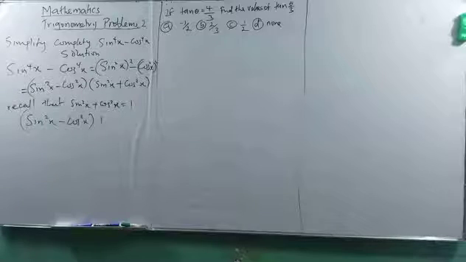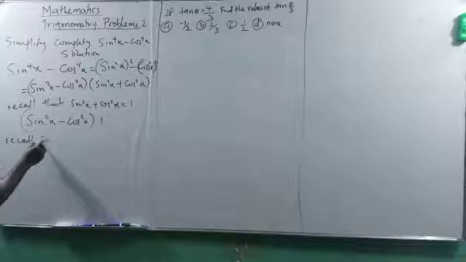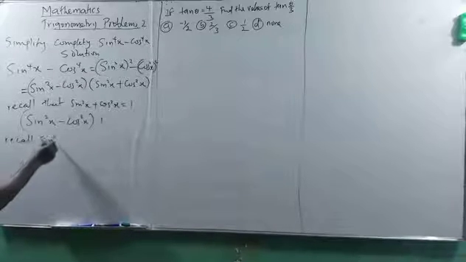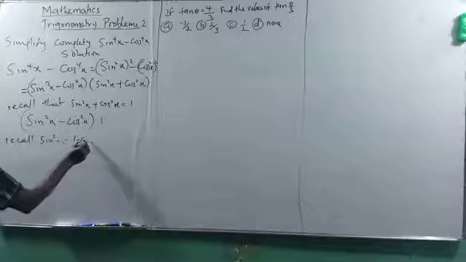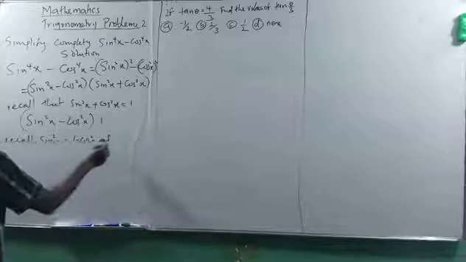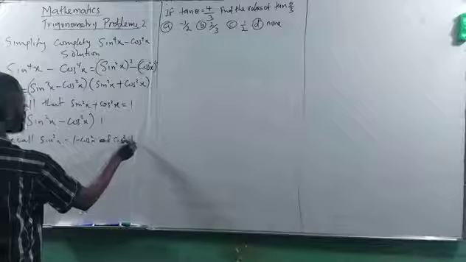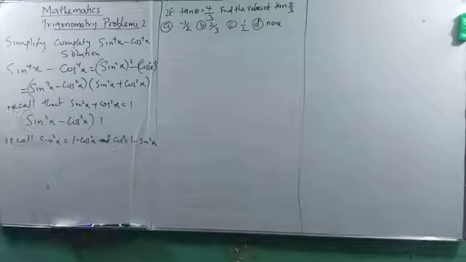Now, since I have that, I can start to do some manipulation by saying, recall that from here I can say that sine square x equals 1 minus cos square x, and cos square x can also be equal to 1 minus sine square x. Now, let me try to do some manipulation there.